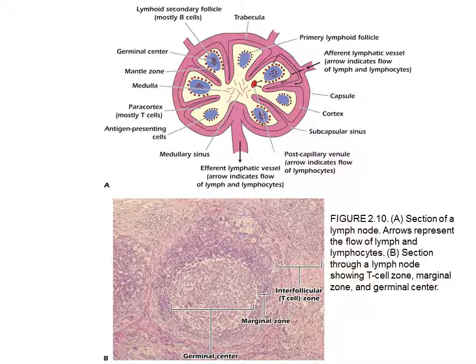Once it gets swollen, it can get infected. Sometimes, let's say, your cells pick up a culprit like a bacteria, so they will bring the bacteria from the periphery and house it in the lymph node. They want to make sure, so they do a real biometrics on that bacteria or virus, and at the same time they will also keep a record of that. That is exactly what is going on in our lymph node.